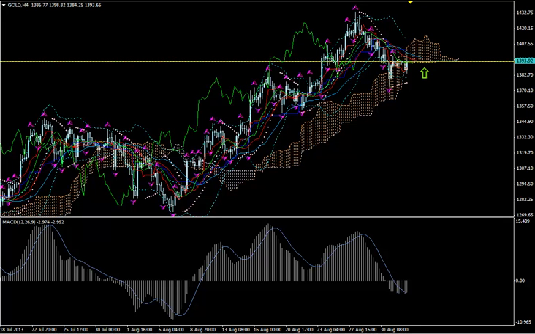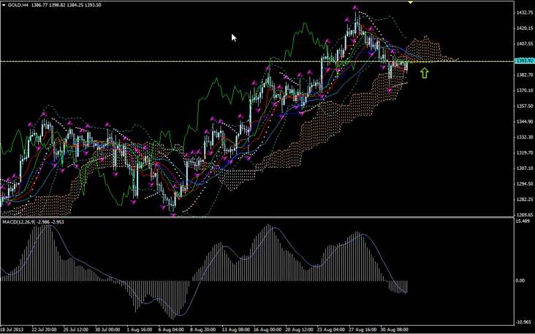We are looking at the H4 time frame of the precious metal and I'm going to use three different systems alone and combined for this technical analysis study.